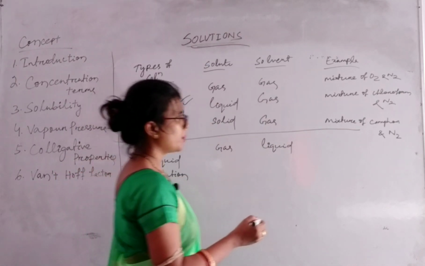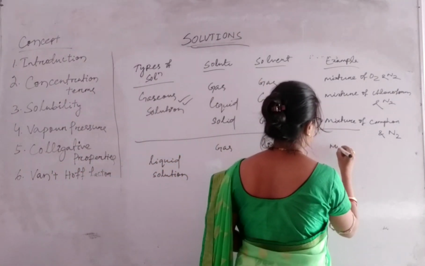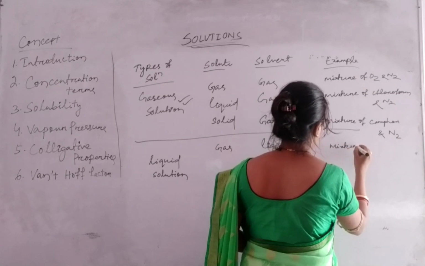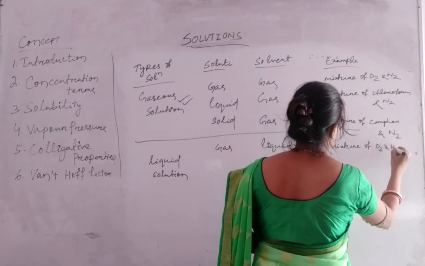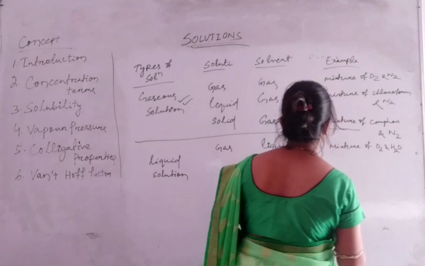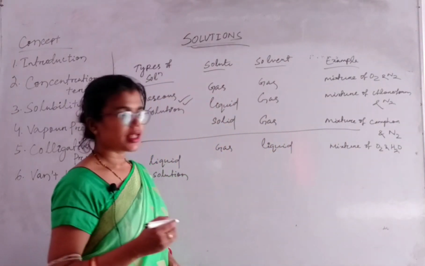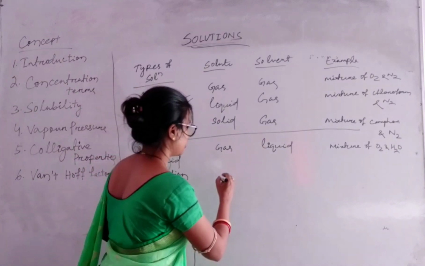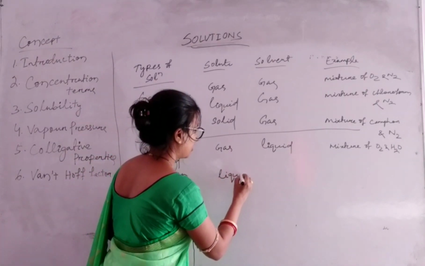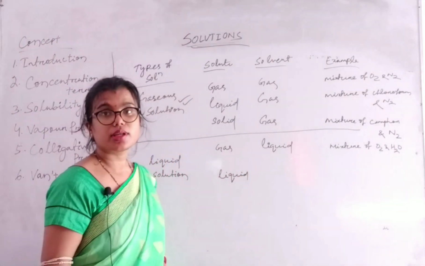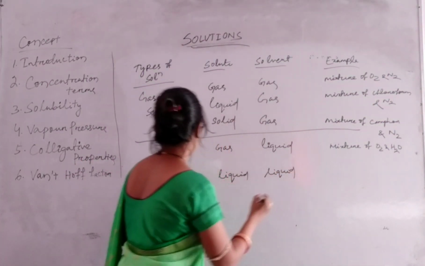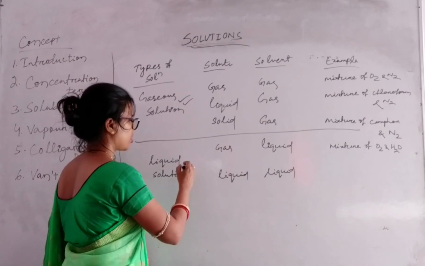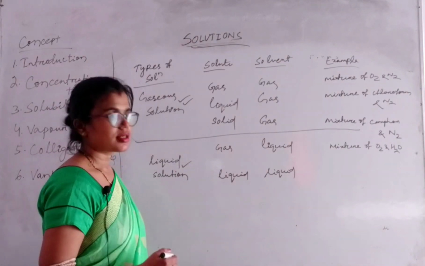For example, a mixture of oxygen and water. Where solute is liquid and solvent is also liquid, then the solution is called a liquid solution.